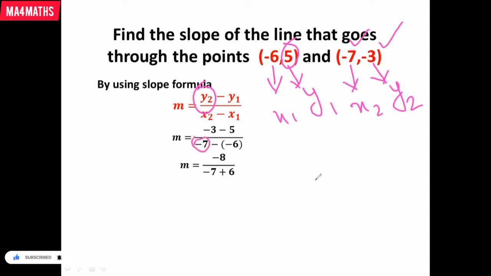You can see here this minus is from the formula.